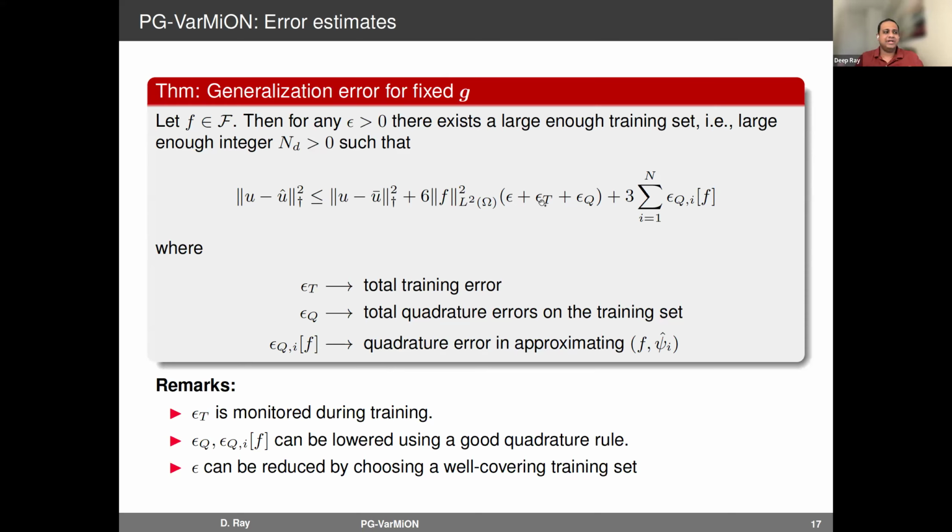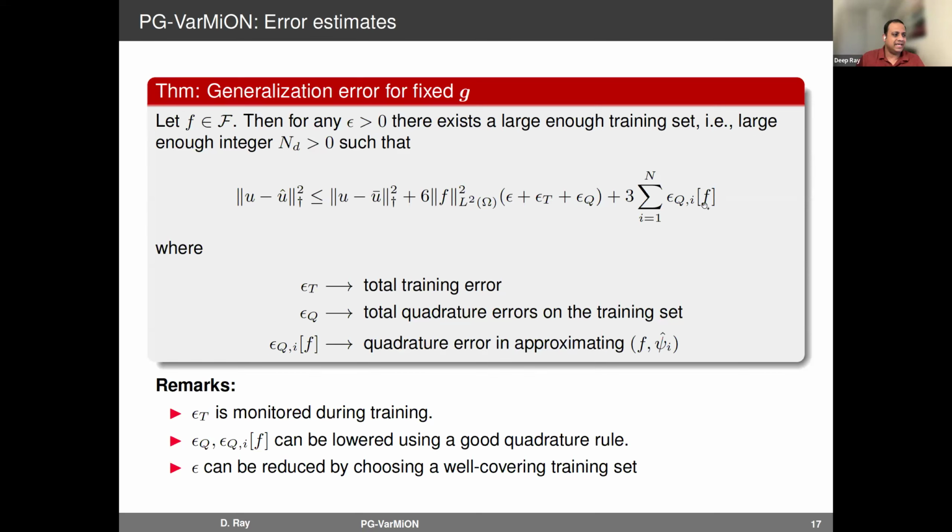Epsilon t is your total training error, and this is something that you anyway track and monitor as you're training your network. This is the training error. Epsilon q is the quadrature error on the training set, because you're approximating your inner products with the quadrature rule. So epsilon q is the total quadrature error you're making on the training set. And of course, with a better and better quadrature rule, this can be made smaller.